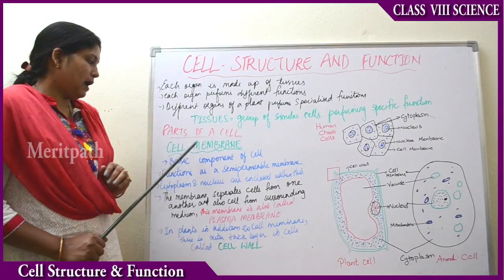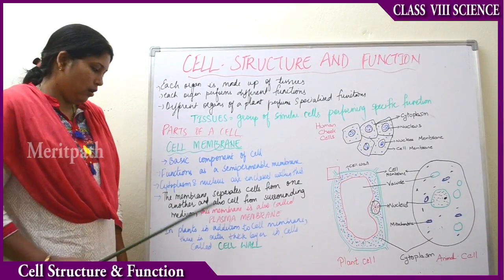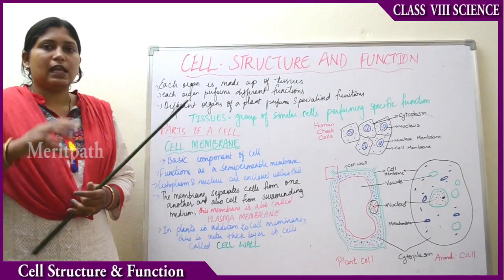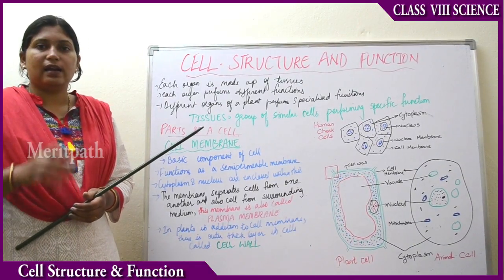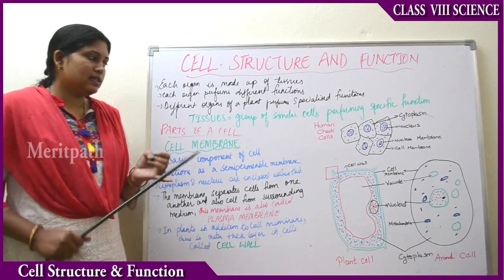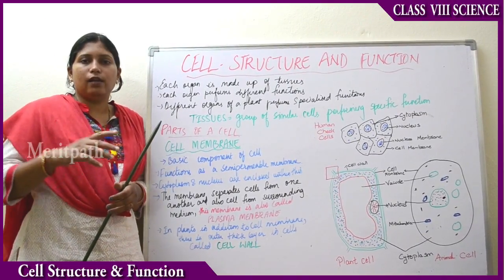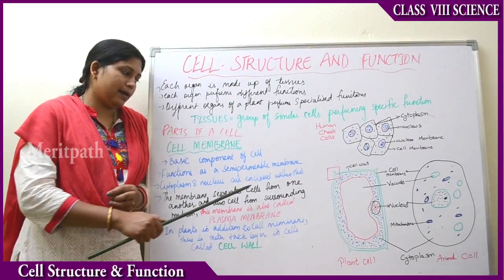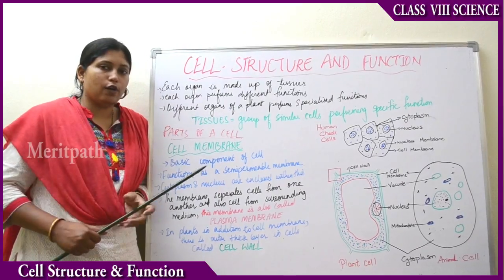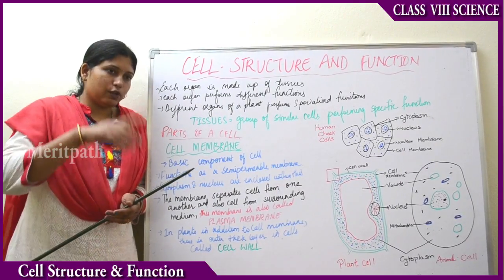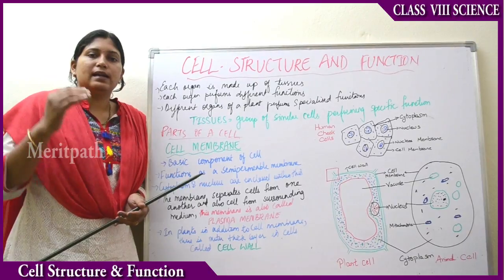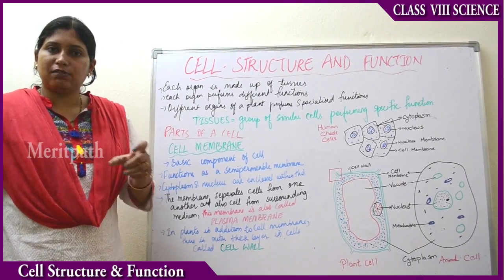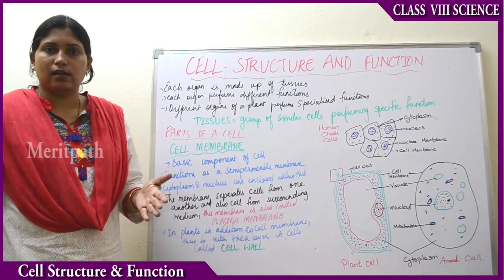This cell membrane separates the cell from one another and also the cell from the surrounding medium. So if there is any fluid medium around, it separates the cell from the fluid medium, and also it separates one cell from another adjacent cell.